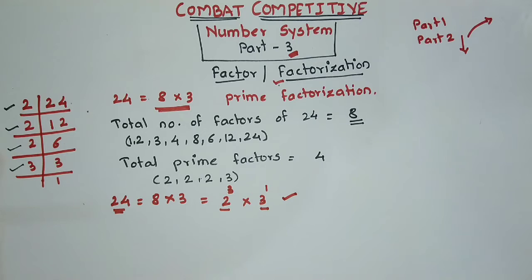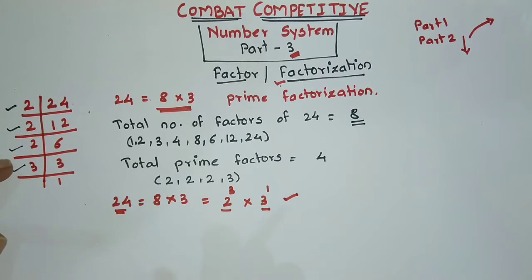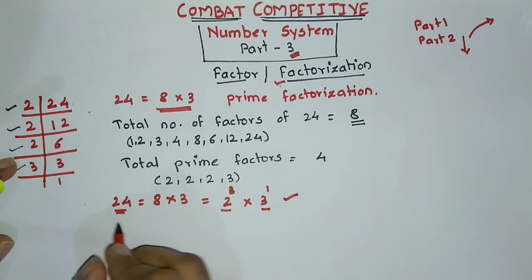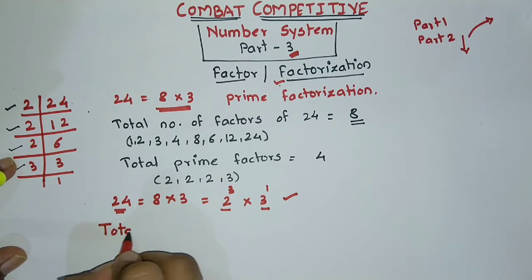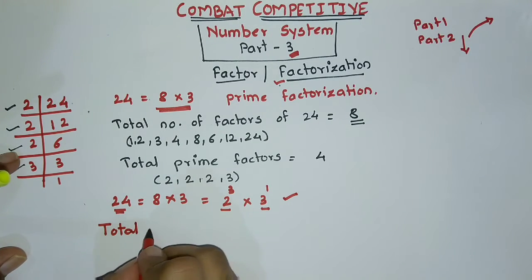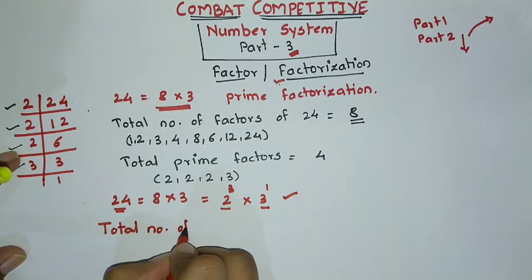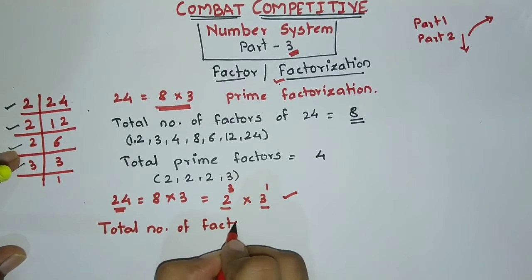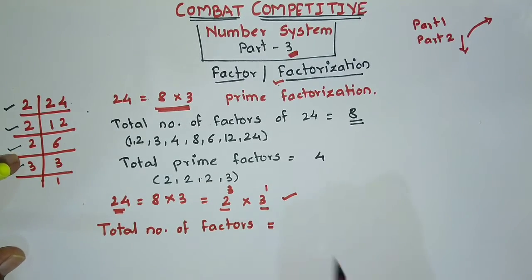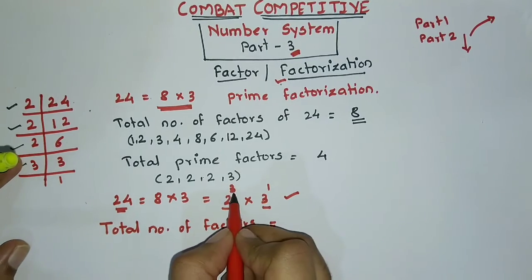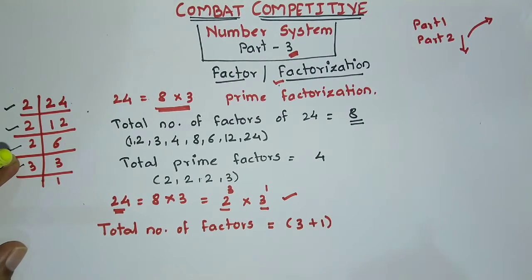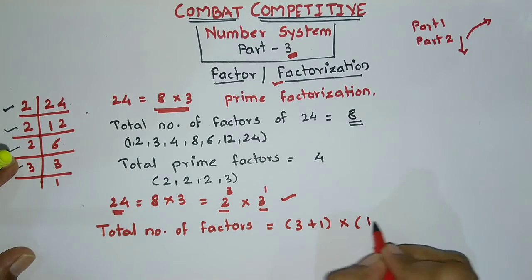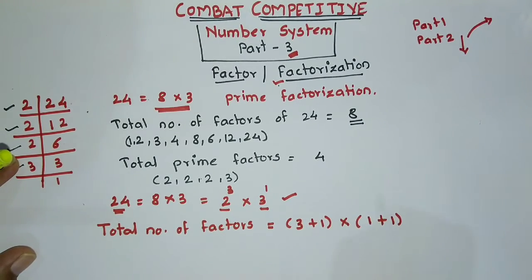Now to find the total number of factors, what we are going to do is take this power, add 1 to it, then multiply, take the power of 3, add 1 to it.